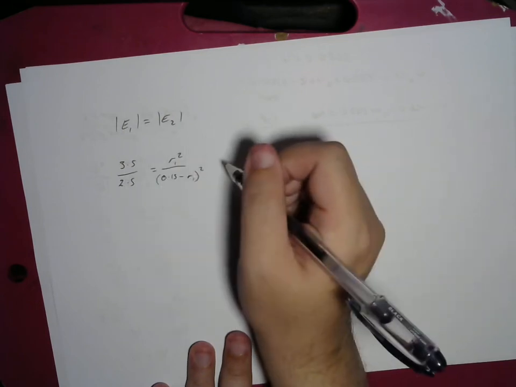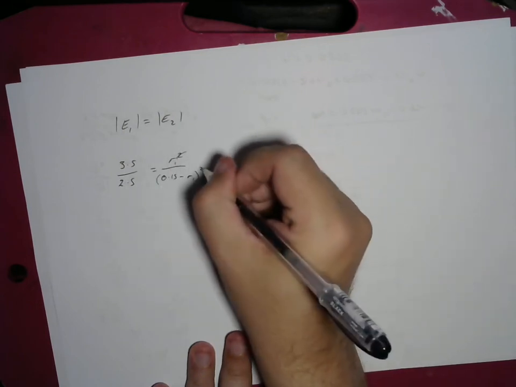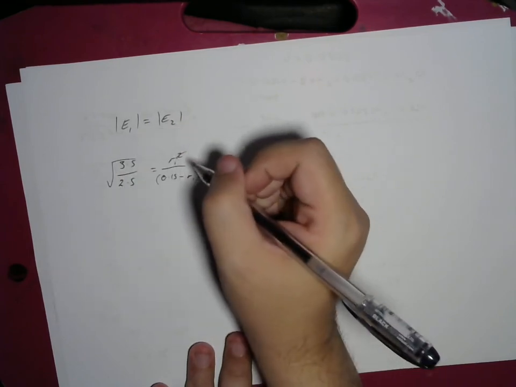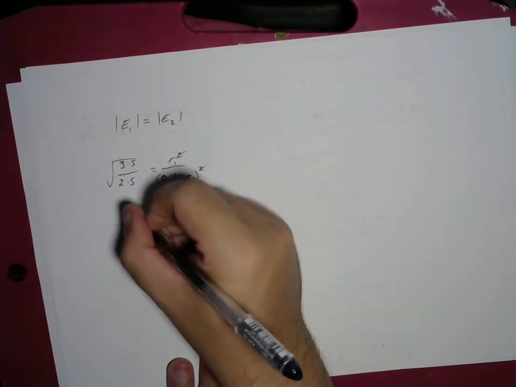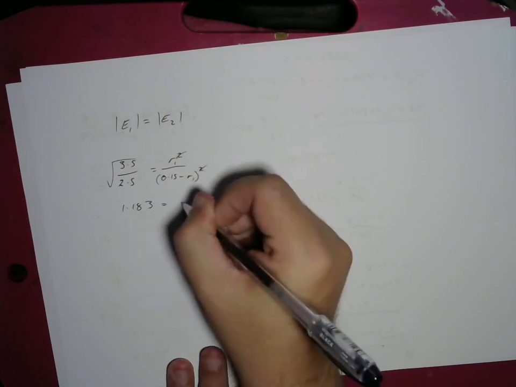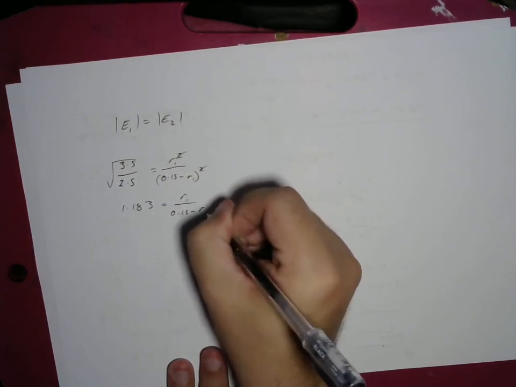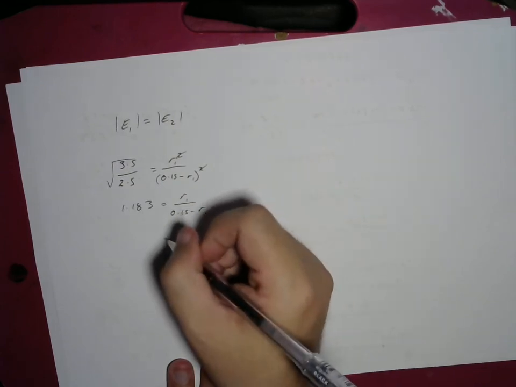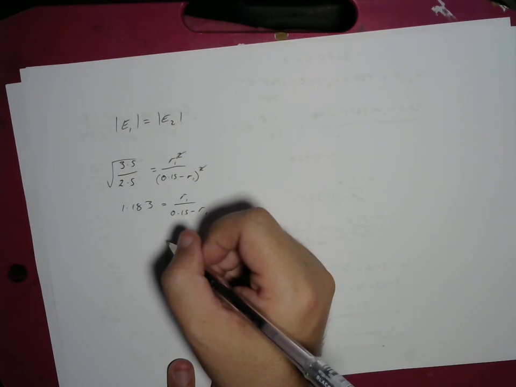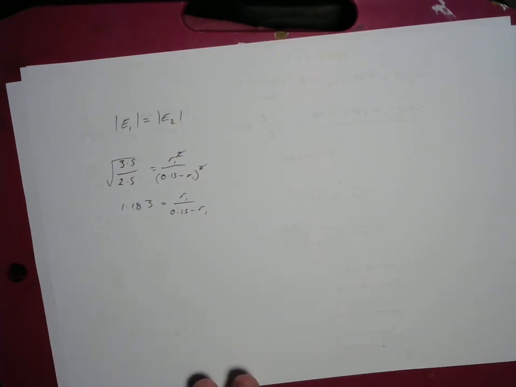And then he takes the square root of this, and this square root cancels off those and puts a square root there to get that 1.183 equals radius 1 over 0.15 take radius 1. Rearrange that and you get that, where's my calculator? 1.183 1.15.